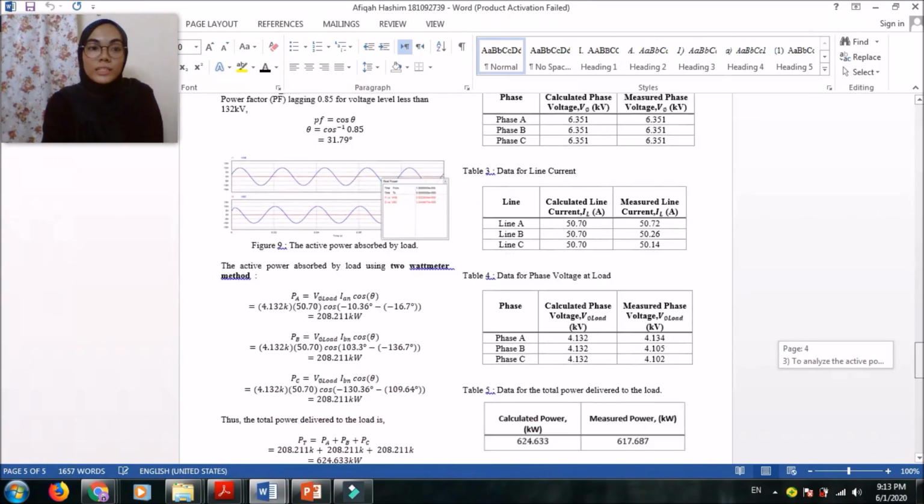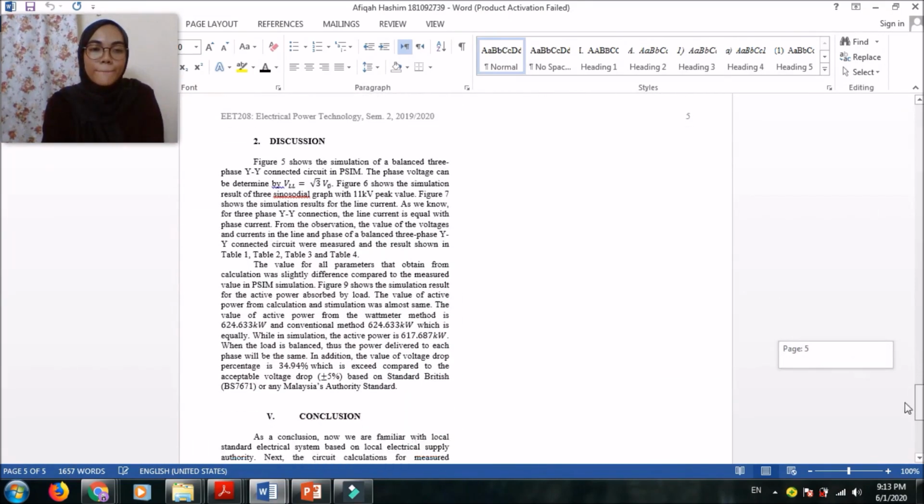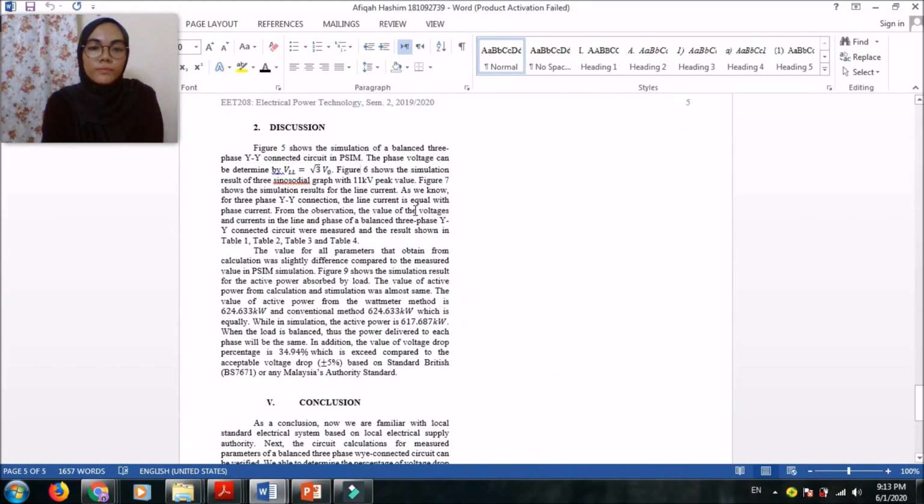Okay, continue this question. As we know, for three-phase wire connection, the line current is equal to the phase current.